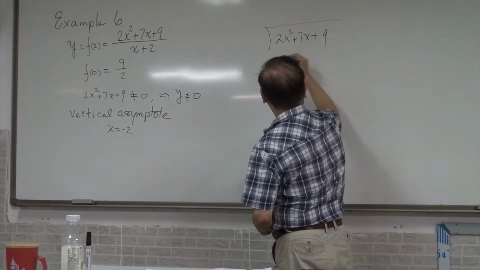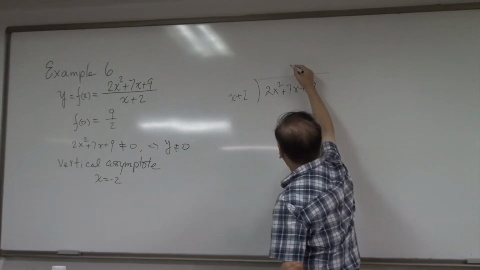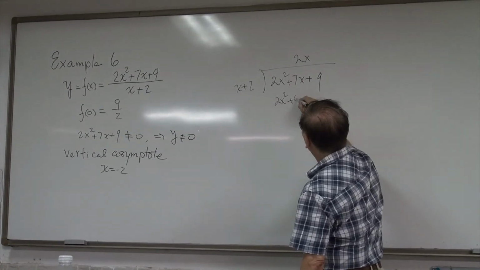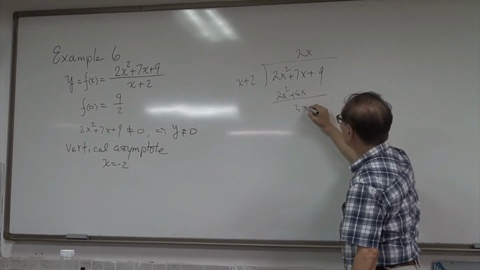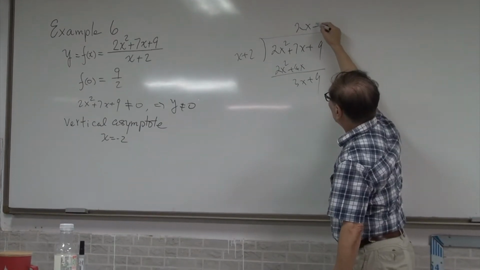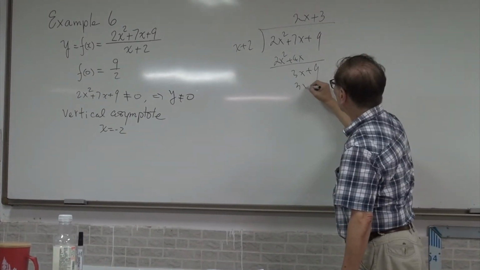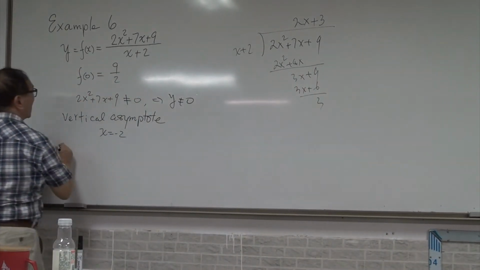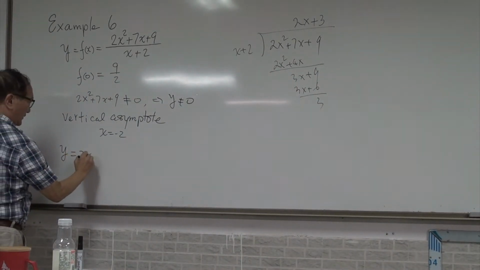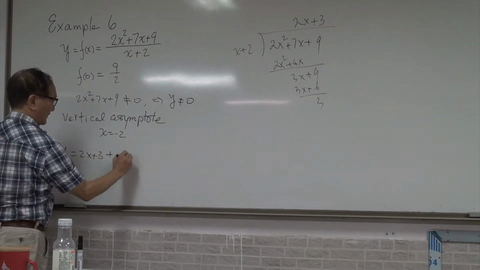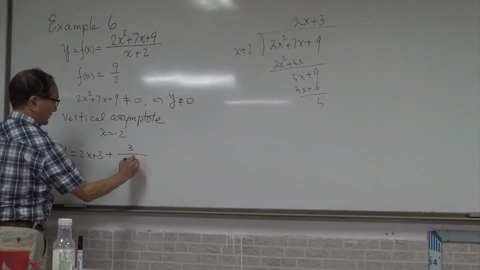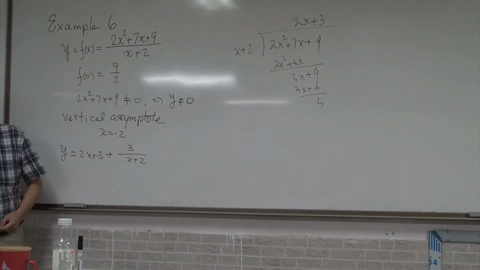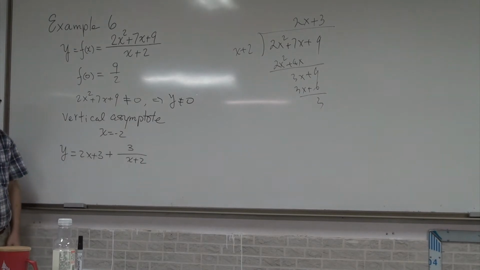You divide: 2x, 2x squared plus 4x, then 3x plus 6, so 3. So y is equal to 2x plus 3 plus 3 over x plus 2. That is the rewriting of the function into this form.